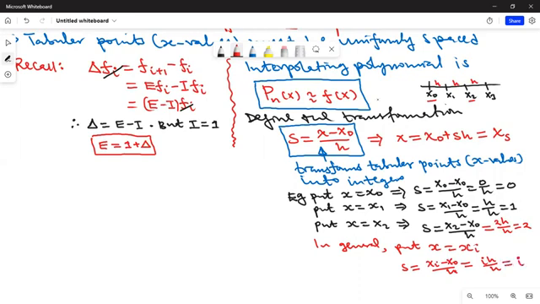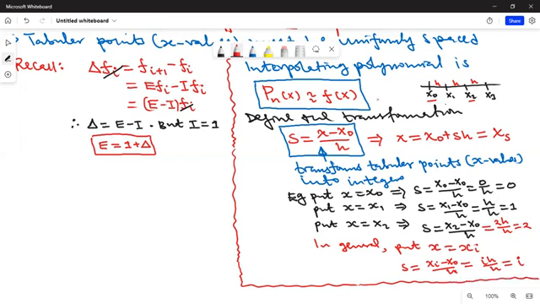All those are integers. So we have explained why we are saying that if we use that transformation, it will transform our tabular points, the x values, into integers.